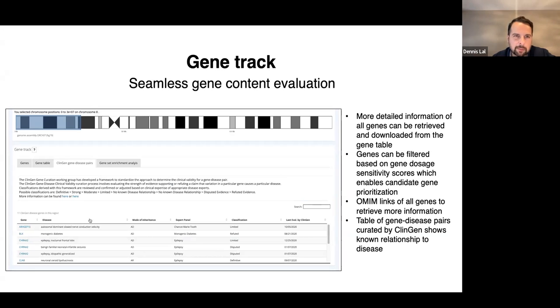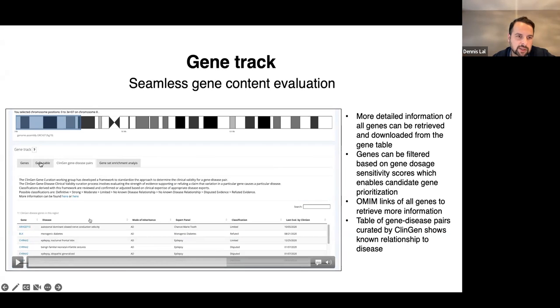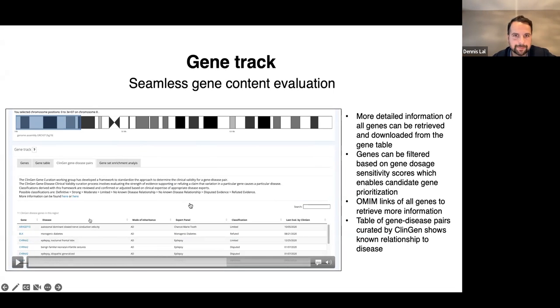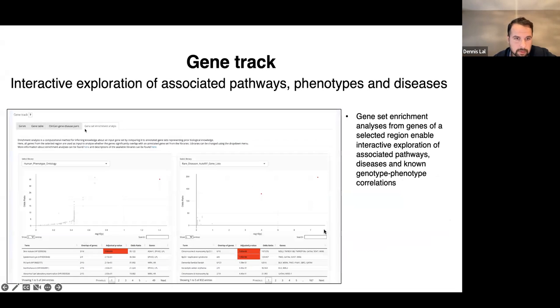So both ways can help each other. If you have agreement for both, for example, it's associated with a loss of function disorder, and you also see that the score for loss of function is high, then you have a good candidate to follow in your experiments.